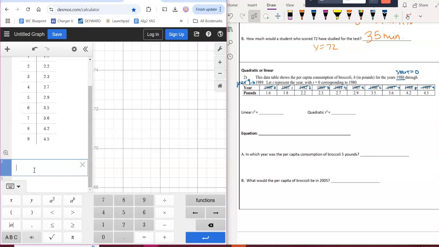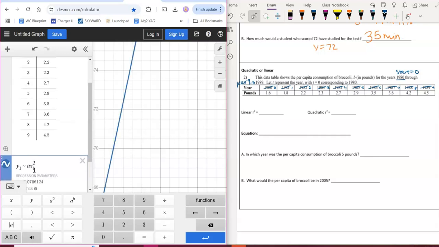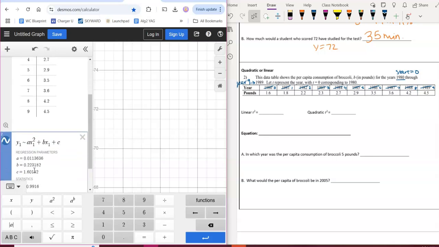Once you get all of your data entered, then you'll type in the regression equations for both, which are again on the front page of your notes. For the subscript of 1, I just put y and then I hit 1 and it automatically goes below. For the squared, you need to hit Shift 6 for that little caret, that little up arrow.